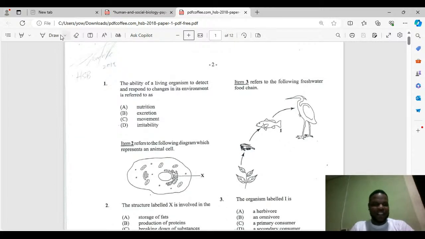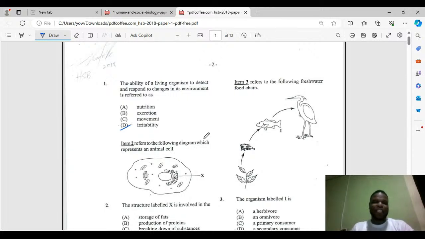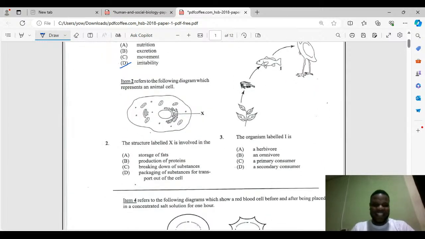So let me just do the same thing. The question refers to the following diagram which represents an animal cell. What's the structure labeled X? The structure labeled X is involved in storage of fat, production of protein, breaking down of substances.